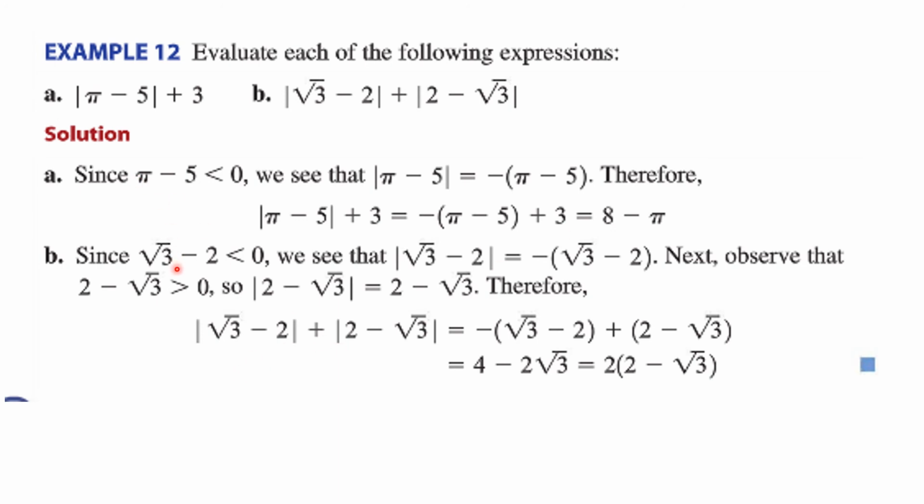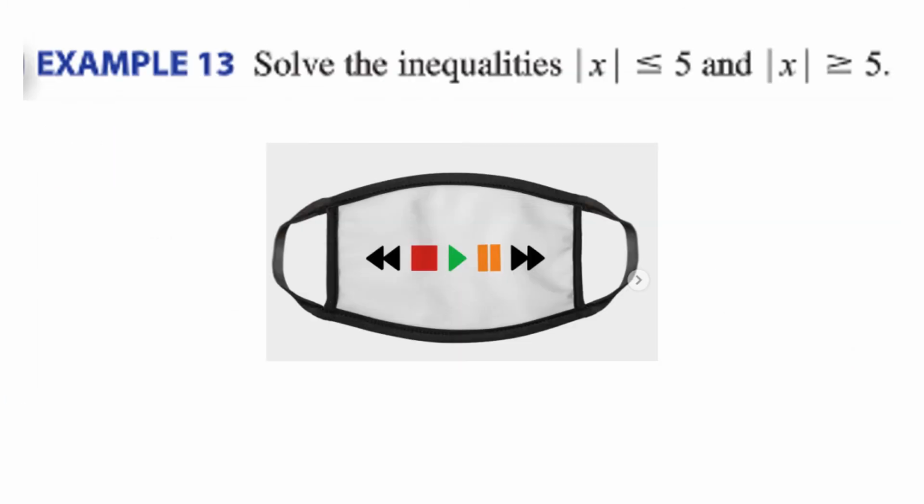Here, since the square root of 3 minus 2 is less than 0, we get this. So when we substitute that in both places, here we get a negative and here we get a positive. We do the calculation and we get 2 times 2 minus the square root of 3. That is the exact answer.